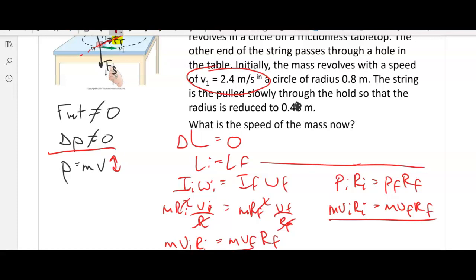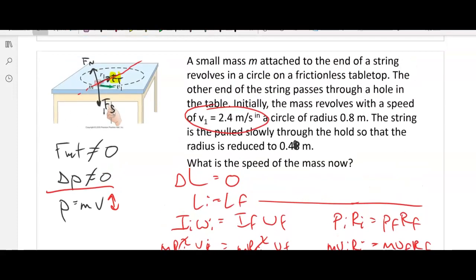So on this one, let's do a quick thought about this and see what happens. The radius started at 0.8 and then it went to 0.4. So remember, angular momentum is conserved, so let's just think about what happened. Okay? So this has to be constant. When my radius goes down, my moment of inertia is going down, so this thing must get faster.